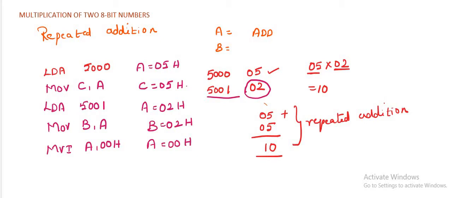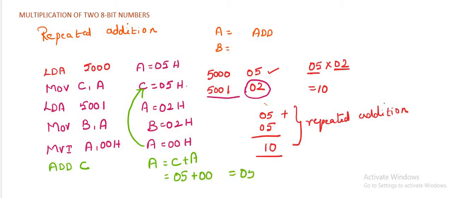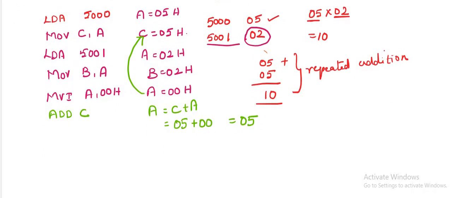So we have to add this A value with this C value. So we write ADD C. ADD C means this A value is added with the C register. So A is equal to C plus A. Now C value 05 plus A value 00, we will get 05. Now the accumulator value is 05.